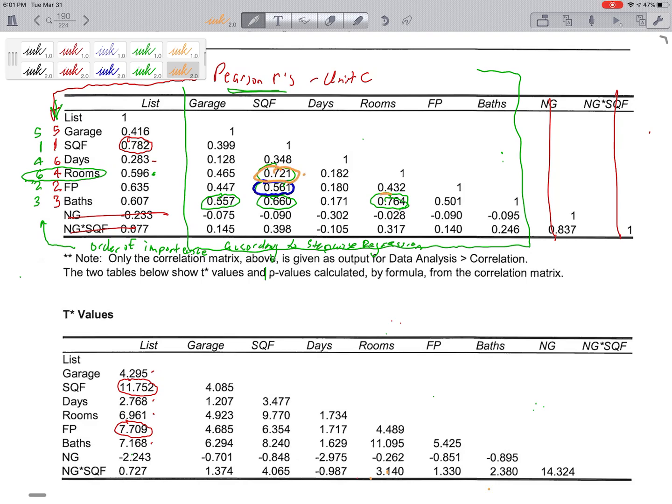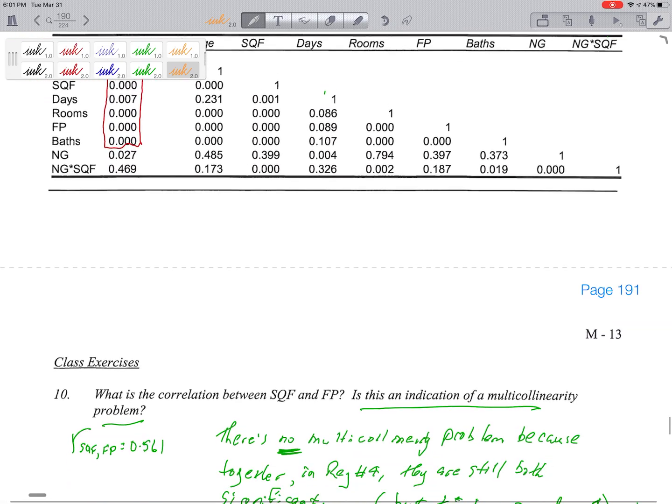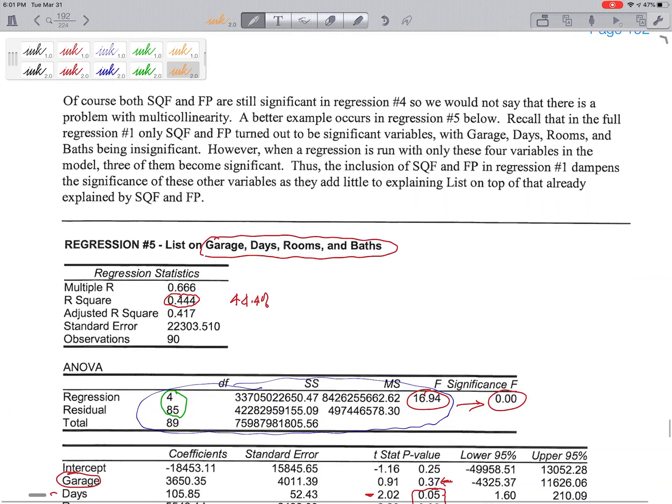And it's highly correlated here with fireplaces and baths in this particular case. And it's got other high correlations as we go through here. So that's a problem with multicollinearity, and we get rid of rooms because it's really not adding anything to it. And we walk through that whole stepwise procedure here.